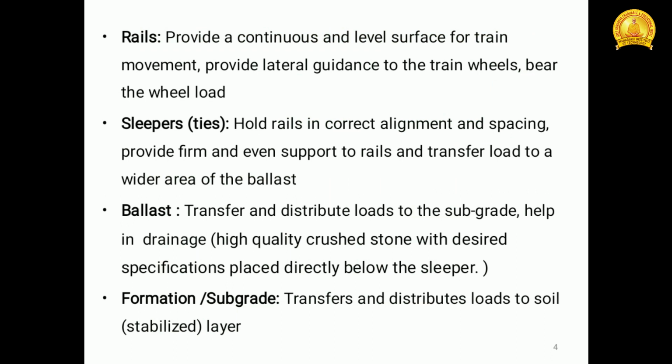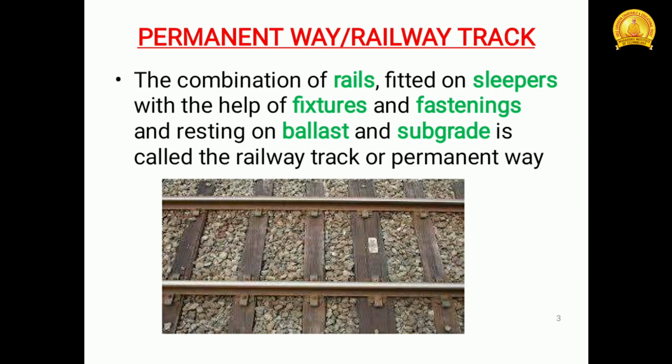Rails. What is the function of the rail? It provides a continuous and level surface for train movement. Also, it provides lateral guidance to the train wheels, and it bears the wheel loads. In this figure, the longitudinal member is known as the rails.